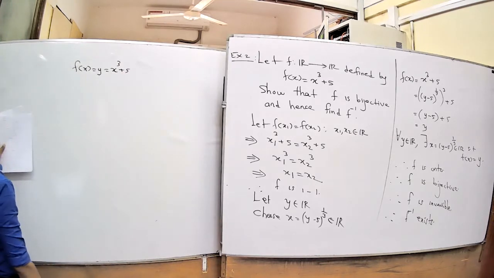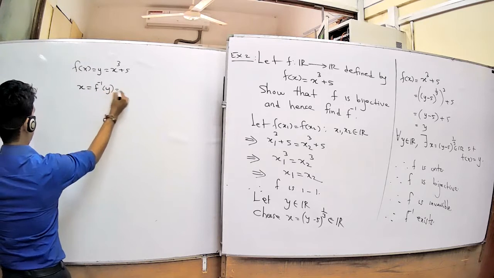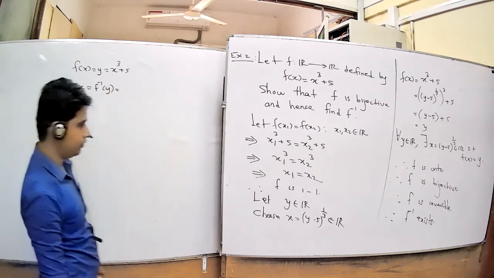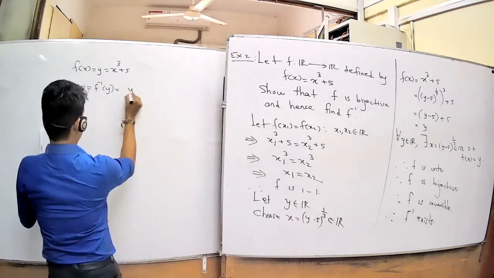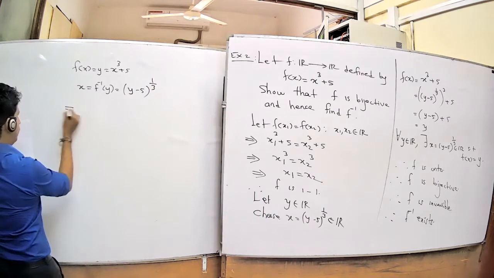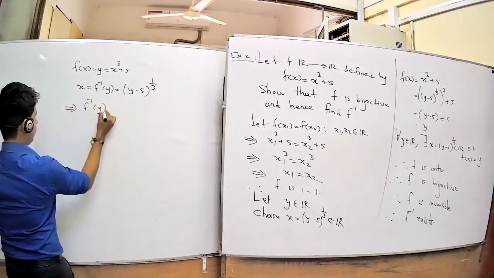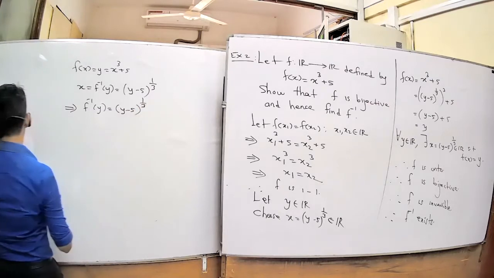Therefore x equals f inverse of y, that is f inverse y equals x, which is (y minus 5) to the power 1/3. Therefore it is your f inverse: f inverse y equals (y minus 5) to the power 1/3.